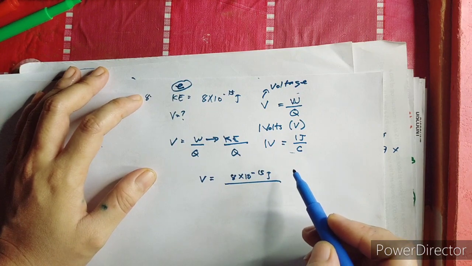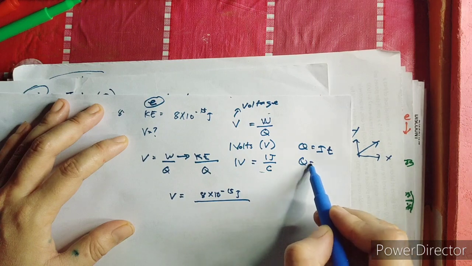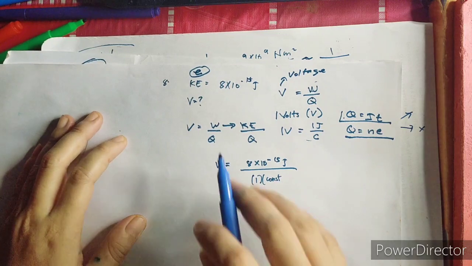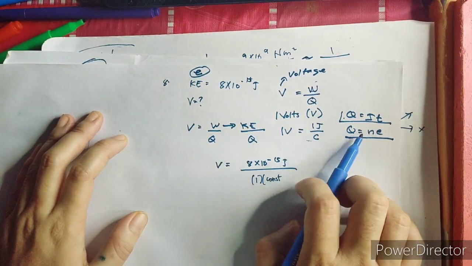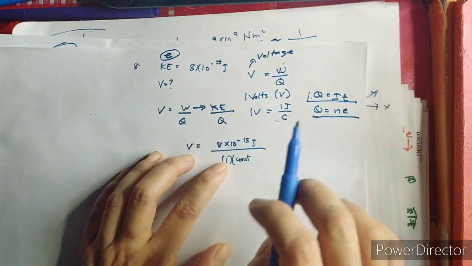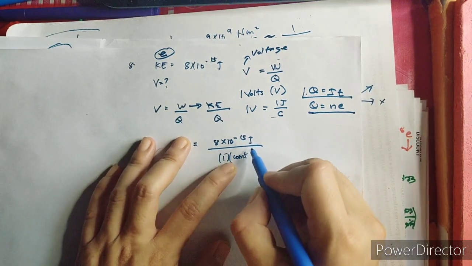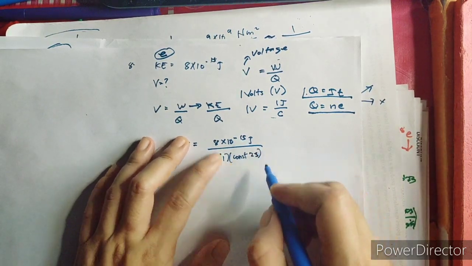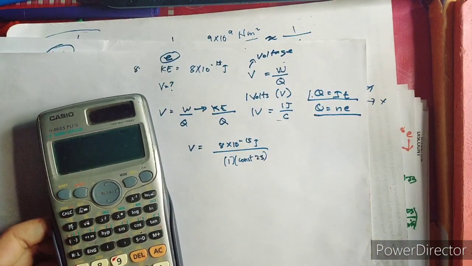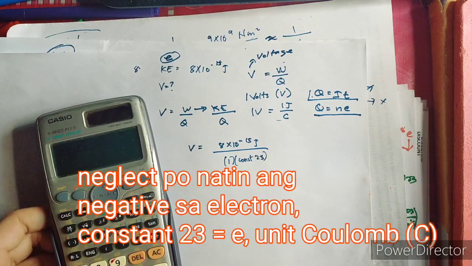So, paano natin kukunin yung Q? Diba may formula tayong Q equals IT or Q equals NE. So, kung wala namang current and time, hindi natin ito magagamit. Okay, so, doon tayo kukuha ng Q equals NE. So, pag walang number of electron, wala tayong pwedeng way na makuha, we assume na lang natin na 1, then constant, charge ng electron. Kasi sa electron daw yung nag-accelerate. So, lagay natin sa calcu, 8 times 10 to the negative 15 joule over shift constant, 23.